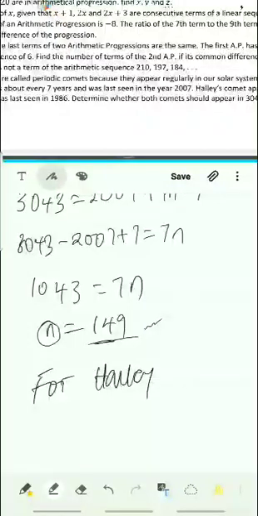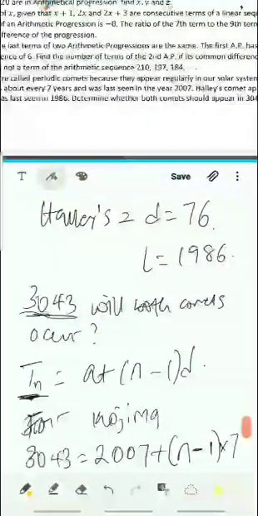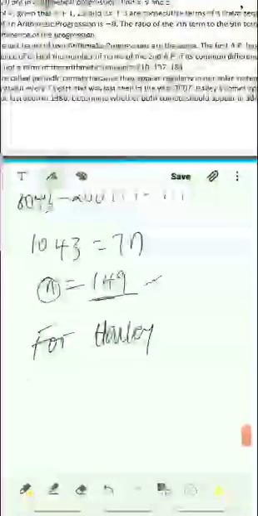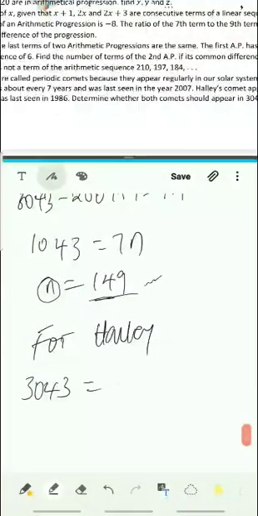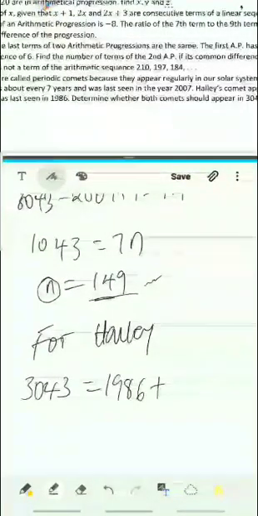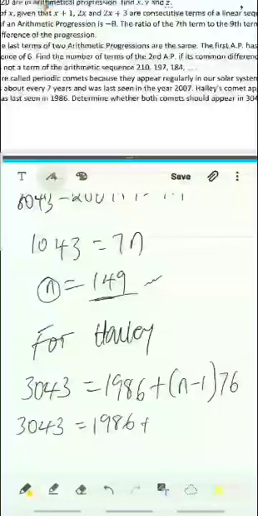So now, when will Halley's Comet occur? It last occurred in the year 1986, and we want to see if it's going to occur in the year 3043, following an interval of 76 years. So 3043 is also its nth term. A is 1986, plus n minus 1 D, and D is 76 years. So 3043 equals 1986 plus 76n minus 76.